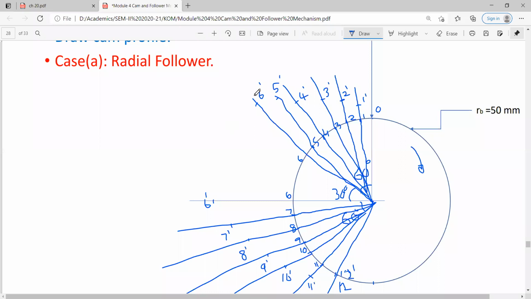You mark all these points. These distances you can transfer from the displacement diagram to the cam profile.